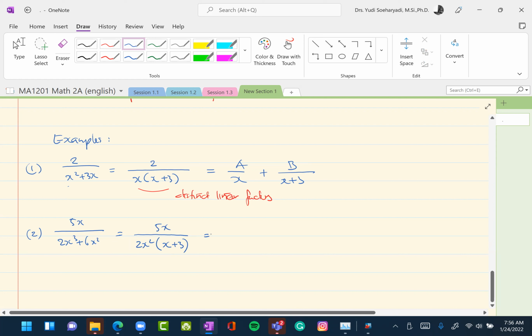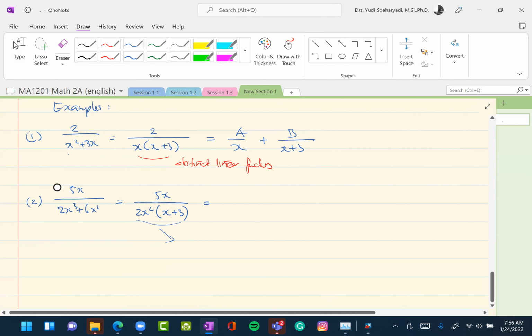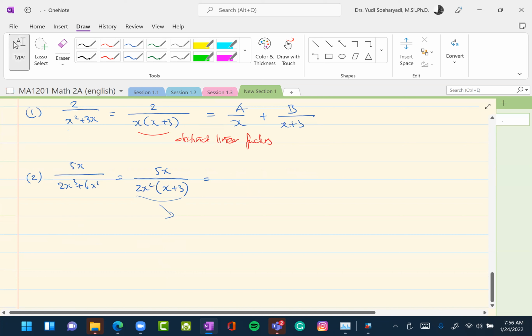Okay. So here we have, what's the case? What's the case for this one? How you should decompose this one?